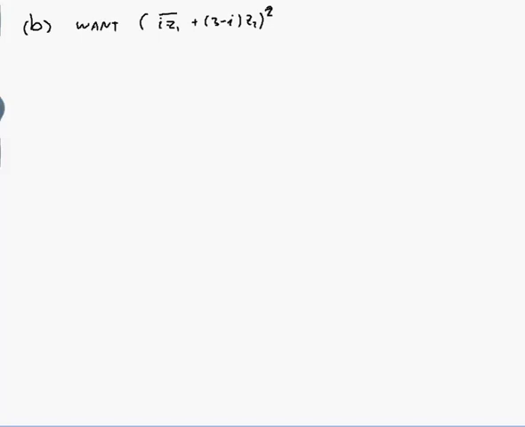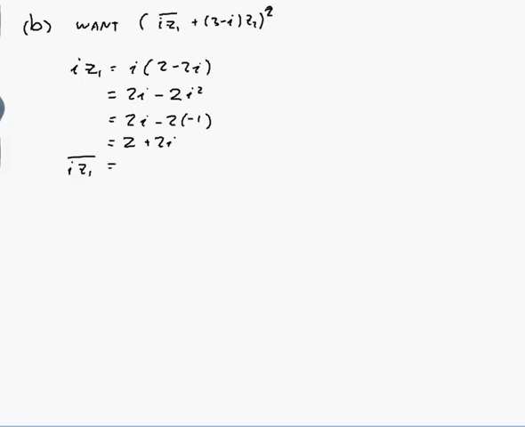Okay, so let's see. i times z1 was i times 2 minus 2i, which was 2i minus 2i squared, which was 2 plus 2i. So i z1 conjugate would be the conjugate of this, which would be 2 minus 2i.